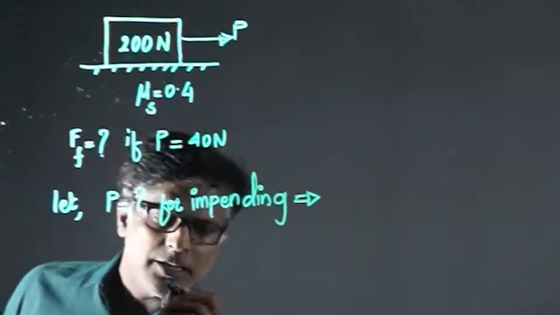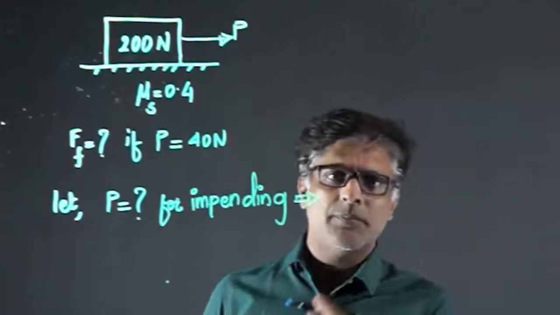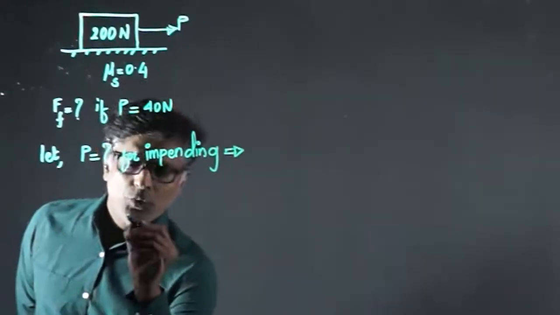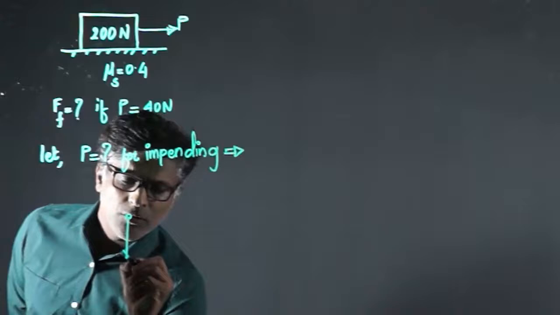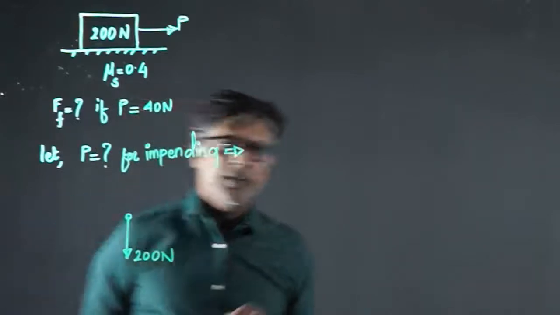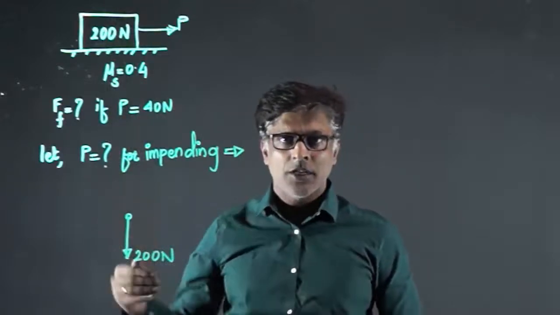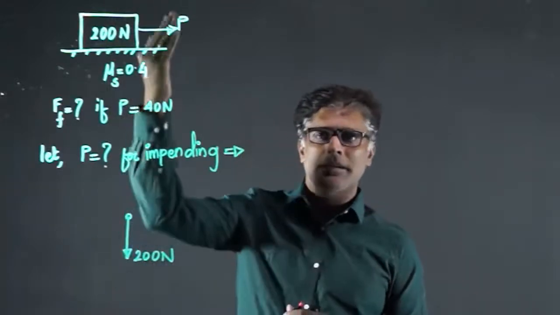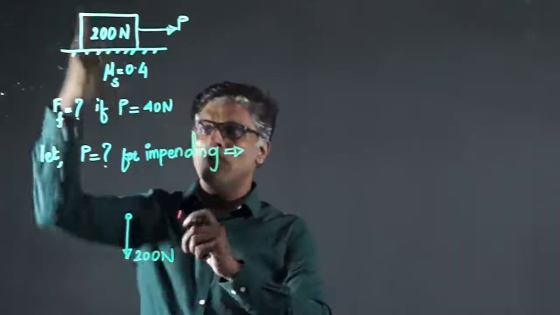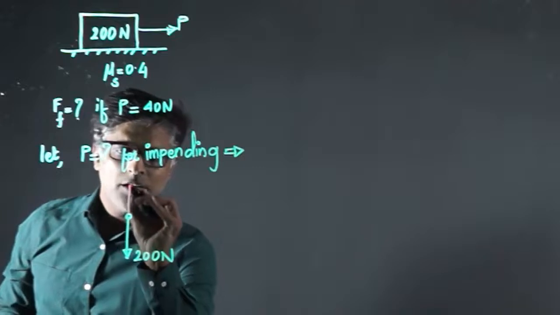In this condition, like always, the first force which we logically draw must be the self-weight. A 200 Newton force of self-weight has been acting down. Now think of the third law. Because weight is acting down, therefore the ground will give a normal reaction of the ground on the block. This normal reaction would look like upwards.